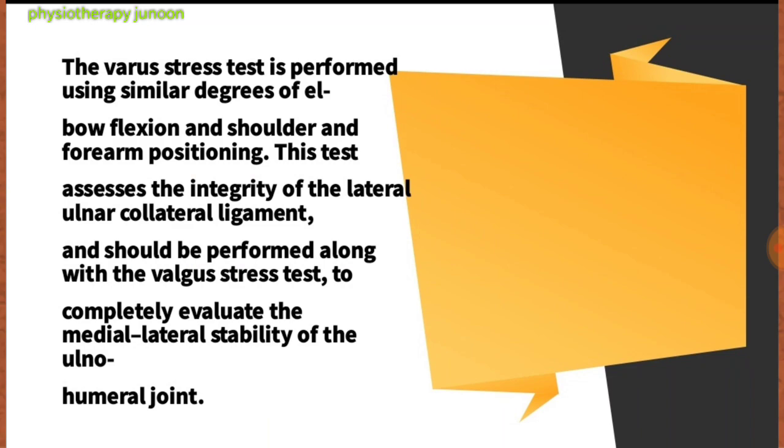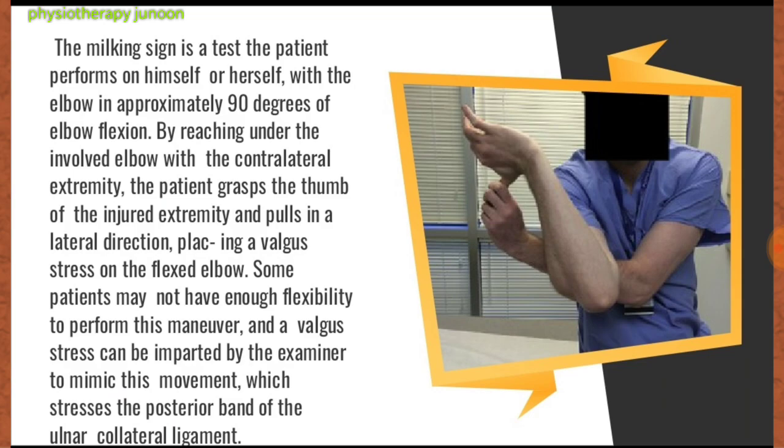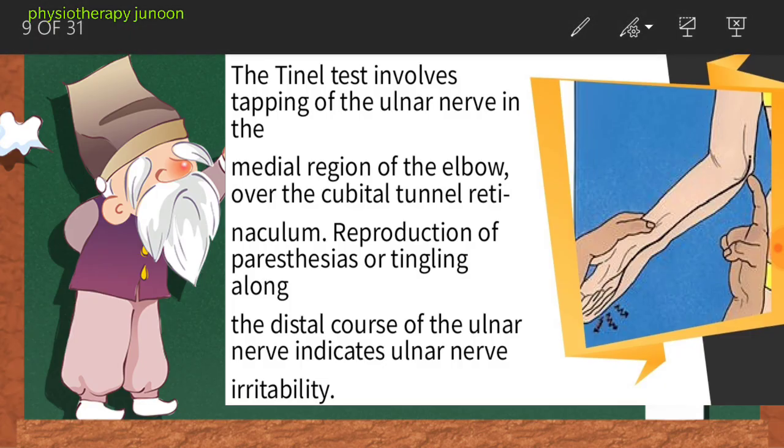Next is the varus stress test, which is performed using a similar degree of elbow flexion and shoulder and forearm positioning. This test assesses the integrity of the lateral ulnar collateral ligament and should be performed along with the valgus stress test to completely evaluate the medial and lateral stability of the ulnohumeral joint. Another is the Tinel test, which involves tapping the ulnar nerve in the medial region of the elbow, here at the cubital tunnel retinaculum.